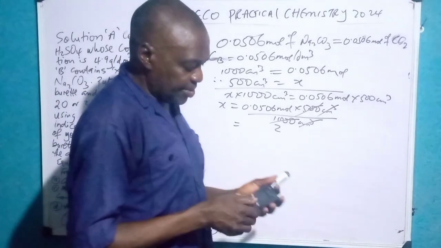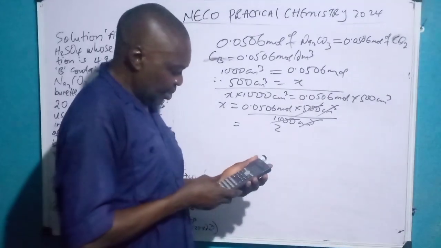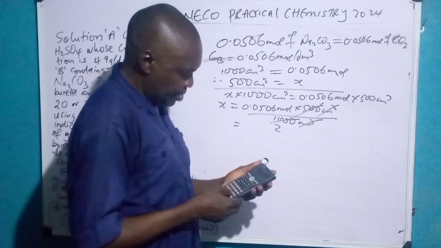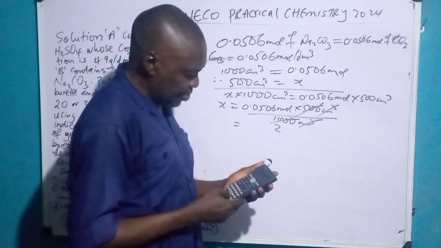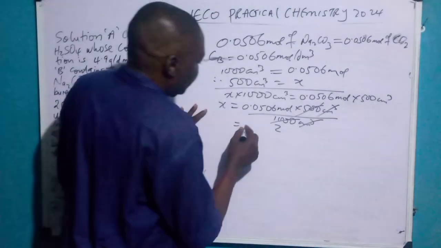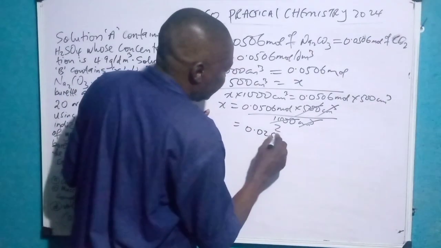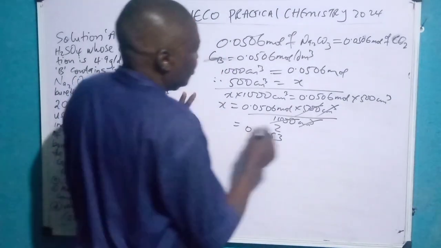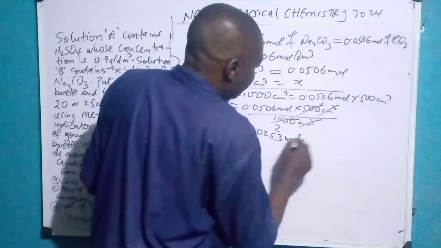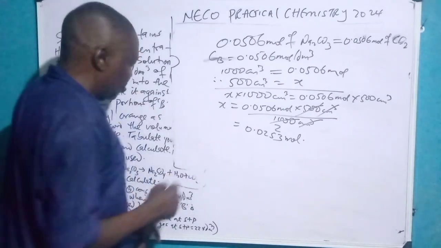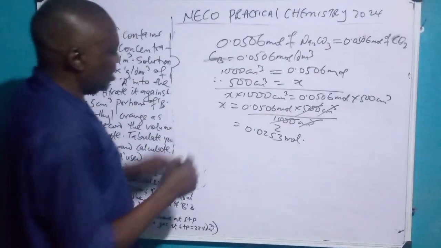Let's see what it gives us. 0.0506 divided by 2 give you 0.0253. Let's be very sure. 0.0253 mole. Remember, the volume occupied by any gas at STP is 22.4 dm3, which is indicated here.